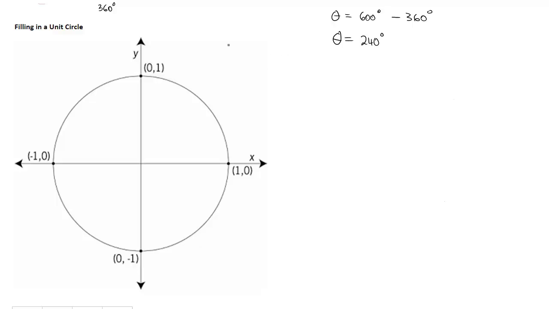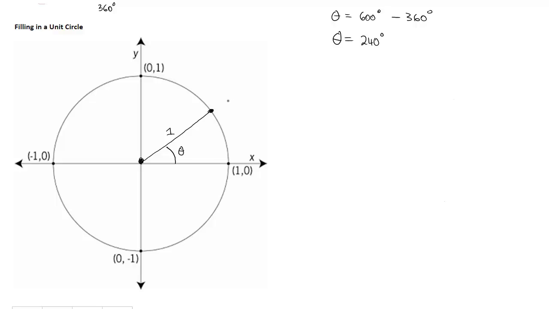Let's say we've moved a particular angle, and this is the angle theta. Now, remember from the unit circle definition, we said that the radius is 1. So this distance here must be 1 unit. All the way from the middle of the circle to the circumference is 1 unit.